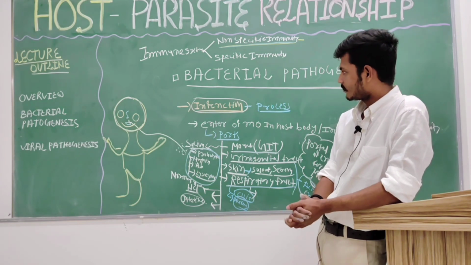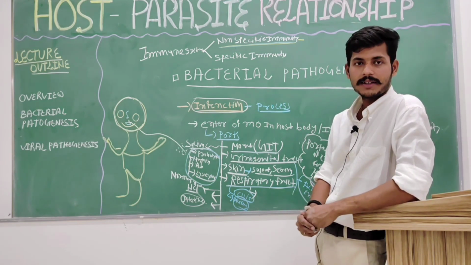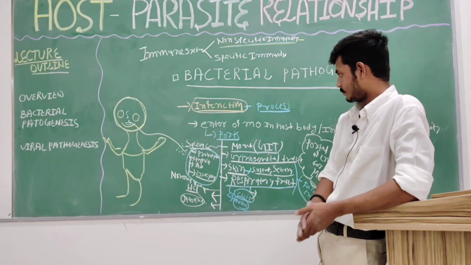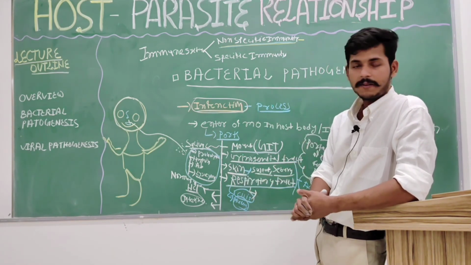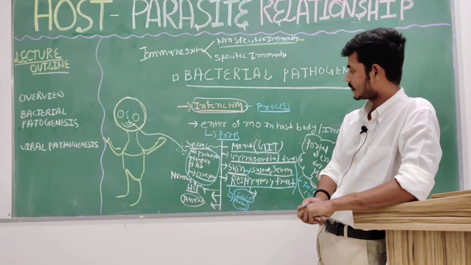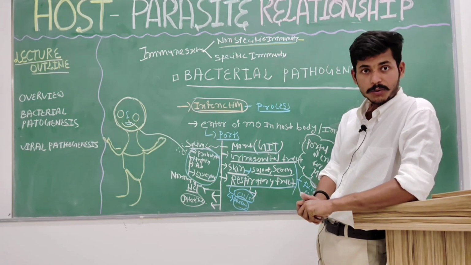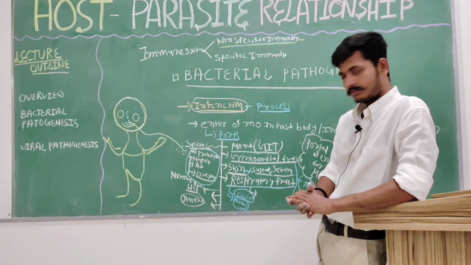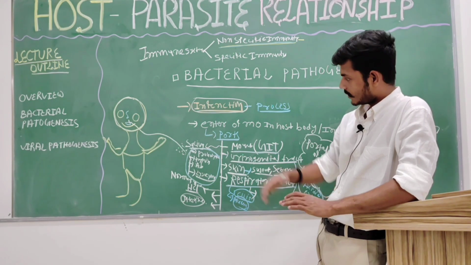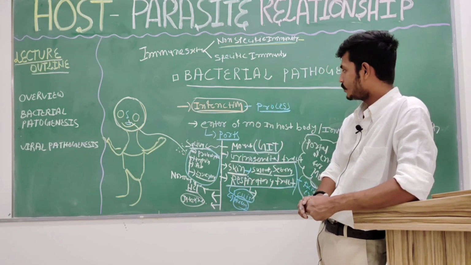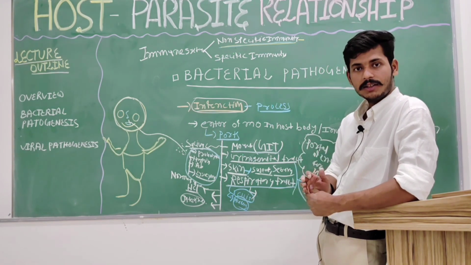Then how does this microorganism or bacteria cause disease? Although there are different kinds of physical barriers, physiological barriers, chemical substances, cytokines, how are they able to enter successfully despite all these things?